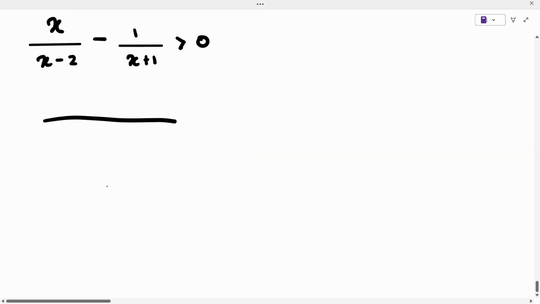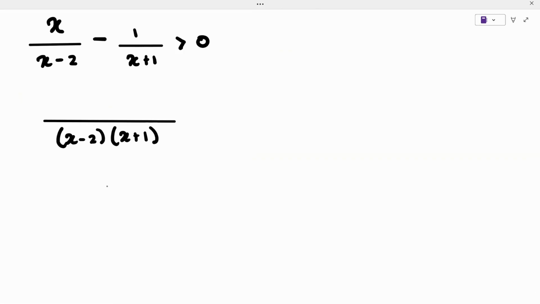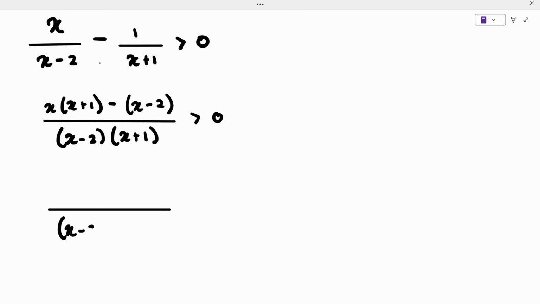So now to simplify this, we just find the LCM. It'll be x minus 2 times x plus 1. That's the LCM. And then this will be x times x plus 1 minus x minus 2, greater than 0. So we could just expand the numerator now, right?